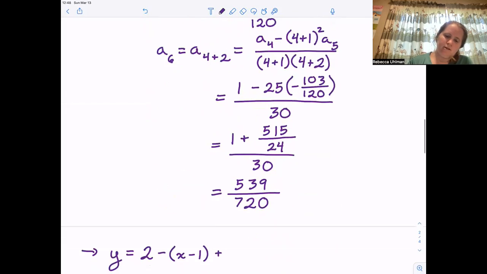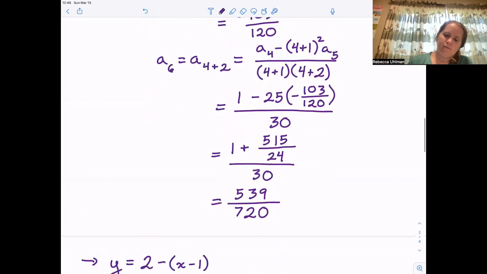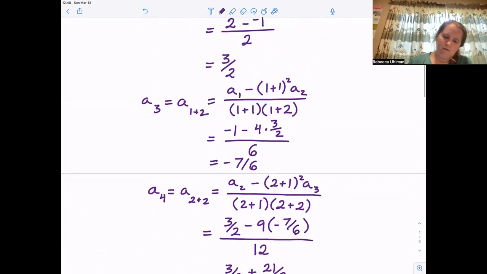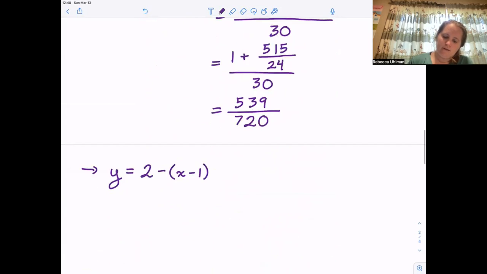So I apologize, that should actually be a minus. Oh, I need a2. Sorry, a2 was 3/2. So we have plus 3/2 times (x minus 1) squared. Then minus 7/6 times (x minus 1) cubed.